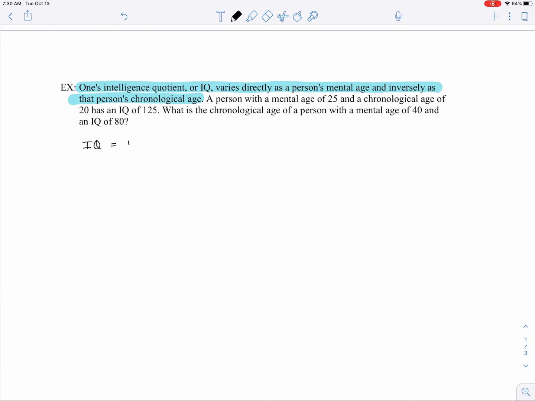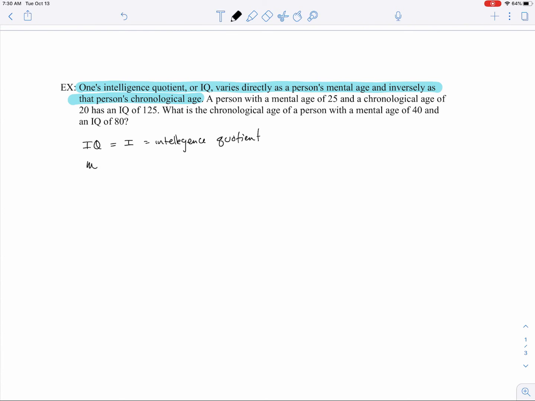IQ, we'll let just be what? I for intelligence quotient. Their chronological age versus their mental age.